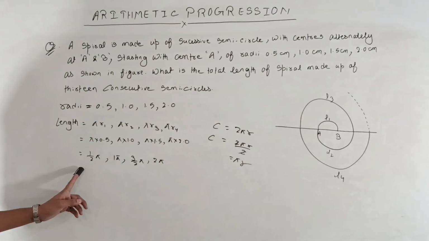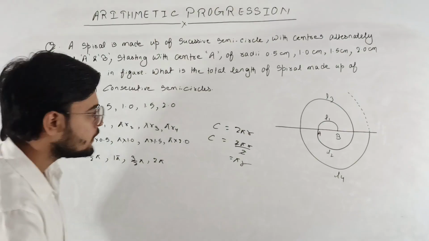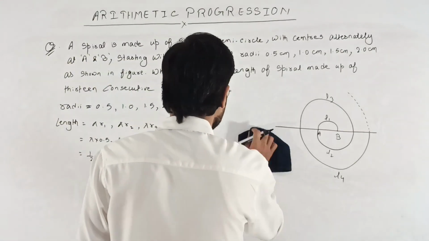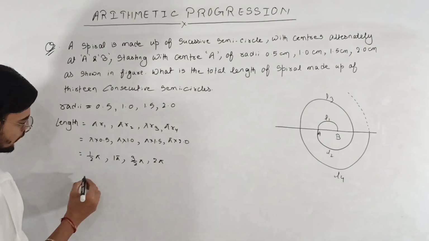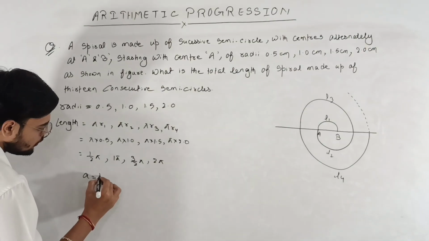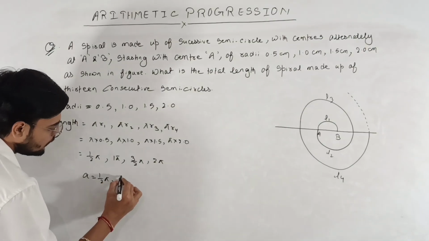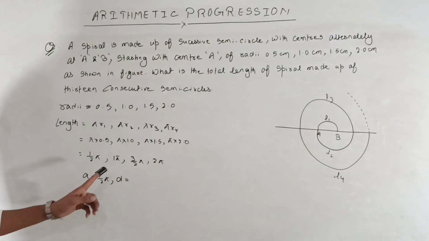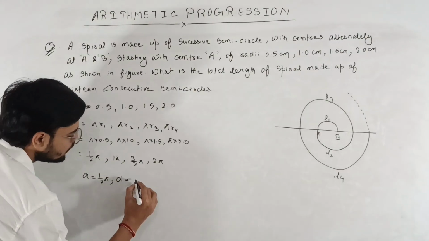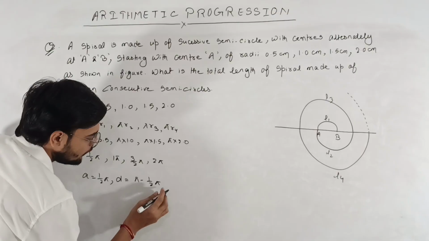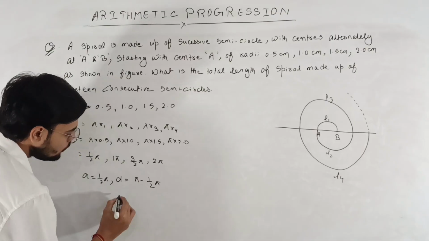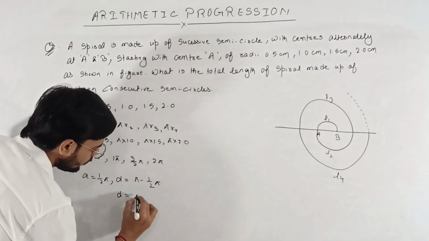Okay. Now look, this series of lengths is in AP, in which a is 1 by 2 pi and d is a2 minus a1, which is pi minus 1 by 2 pi. So here d is what?